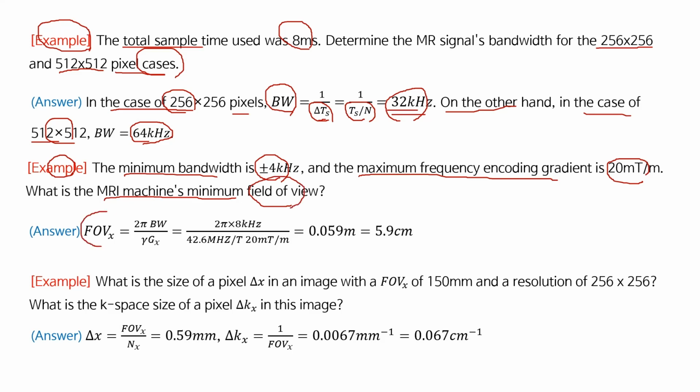Field of view is related to the bandwidth and the frequency encoding gradient by this equation, and the bandwidth is given plus minus 4 kHz, so total bandwidth is 8 kHz, and the maximum frequency encoding gradient is 20 millitesla per meter.